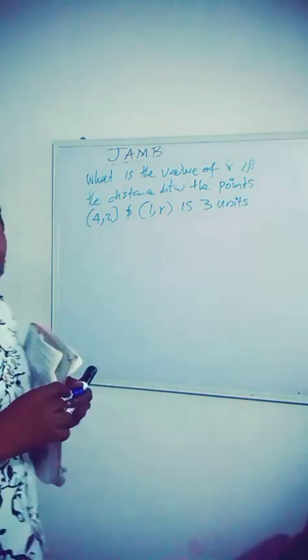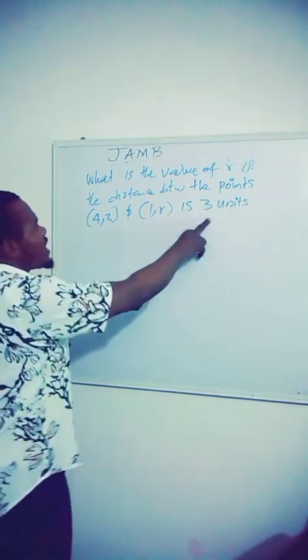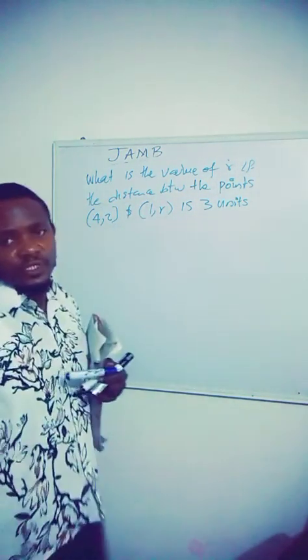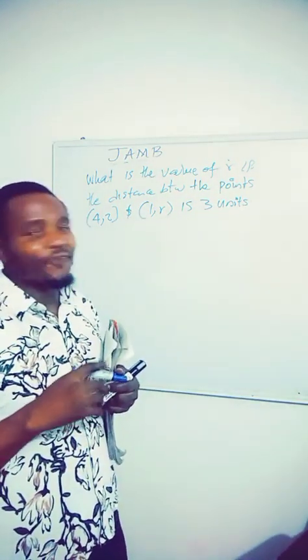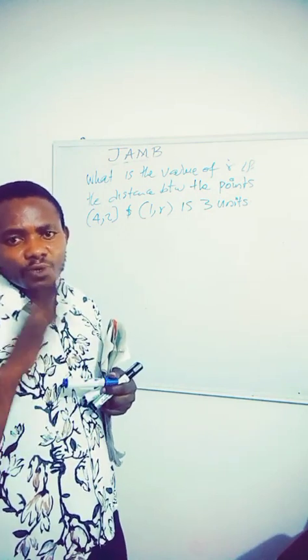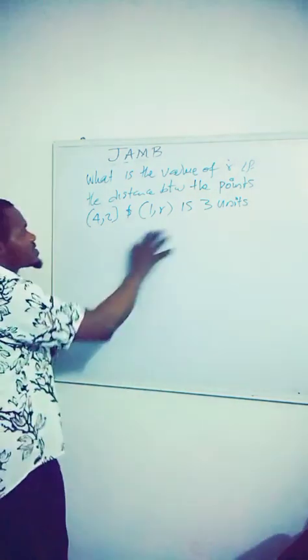So we have to find the value of R. Now they are telling us the distance between 2 points. If you remember, we solved questions on finding the distance between 2 points when you are given the coordinates. These are the 2 coordinates.